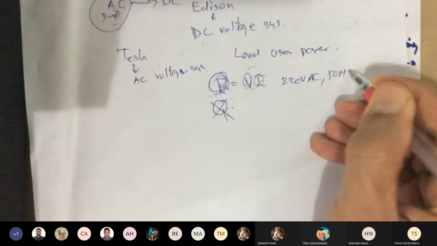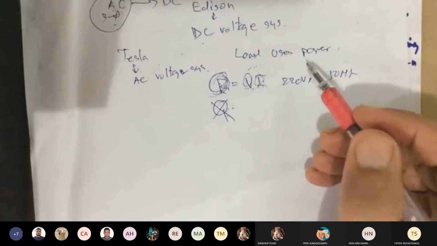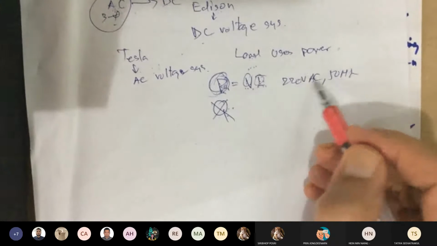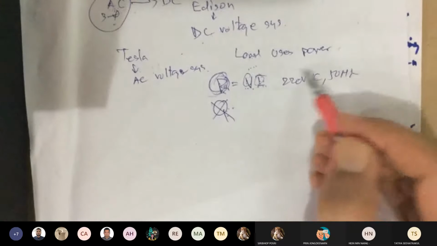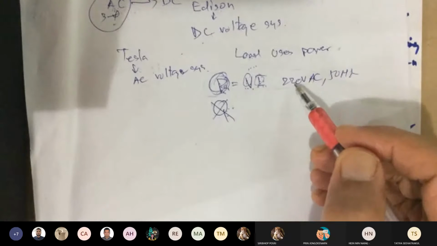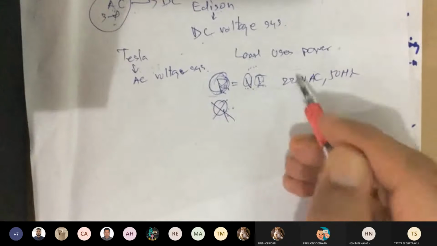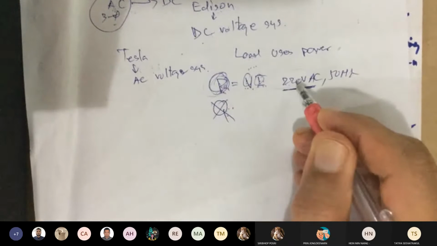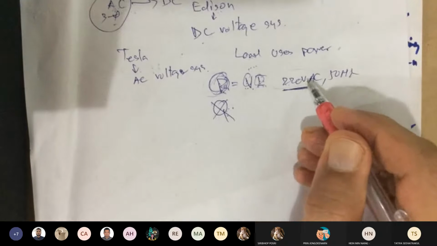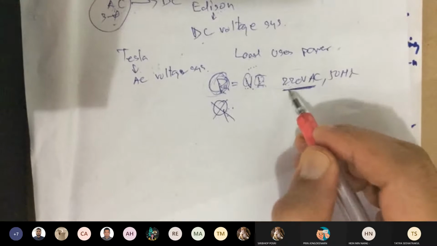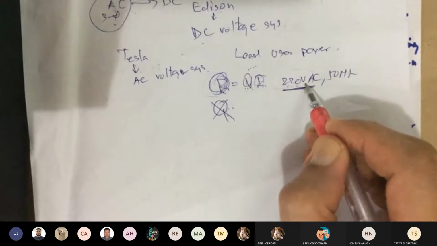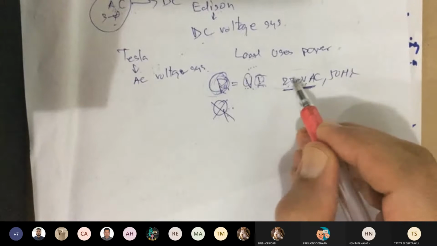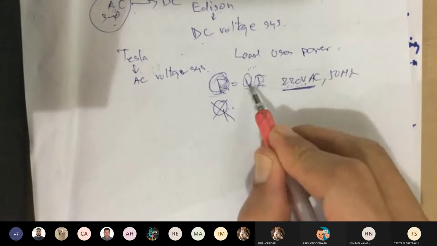Assume 50 hertz. So your load, whether it's an electrical fan, your refrigerator, or your phone charger, expects a fixed voltage. The equipment expects to see a 220 volt source. So your voltage is fixed.